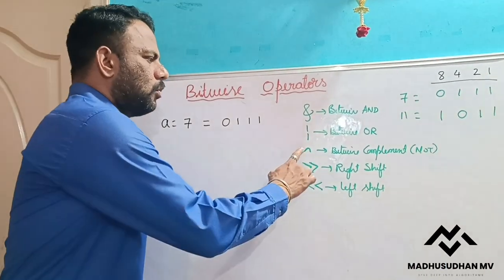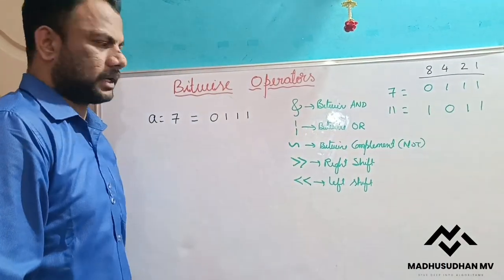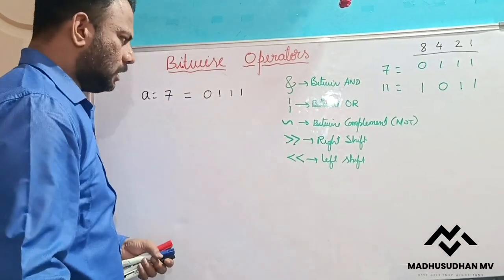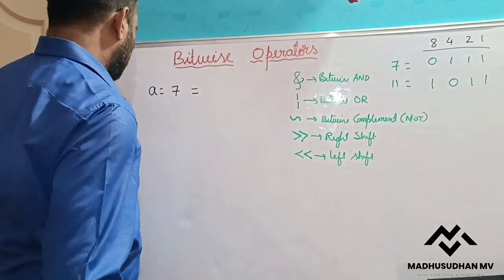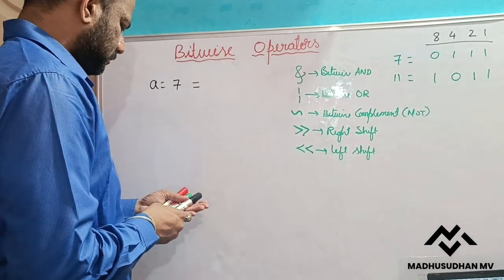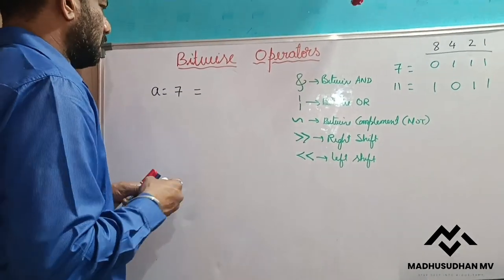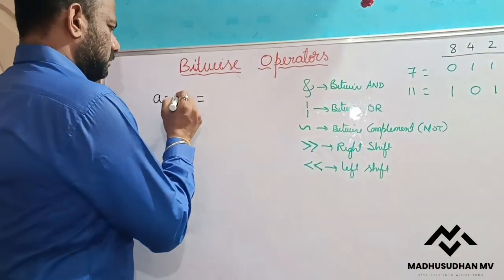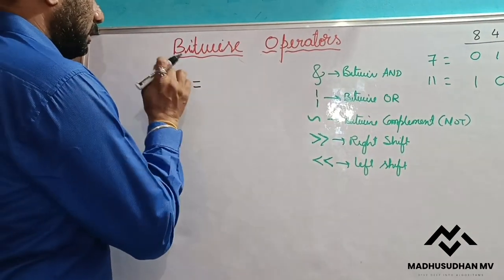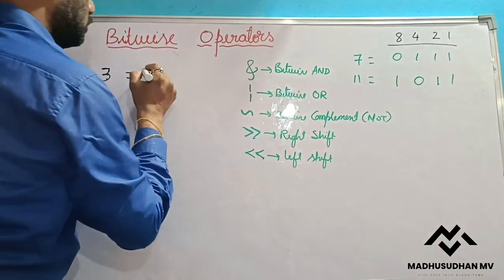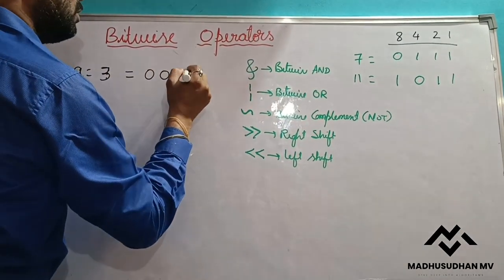Now let us see how bitwise NOT works. For simplicity, let us take some simple value. A is equal to 3. For 3, the numbers are 2 and 1, so in binary it is 0 0 1 1.